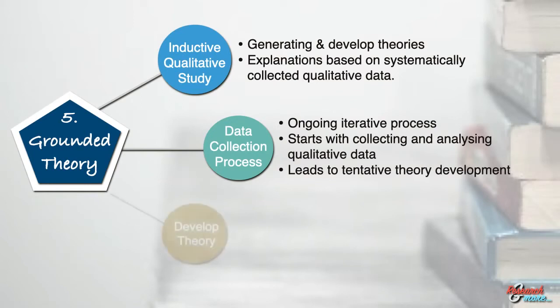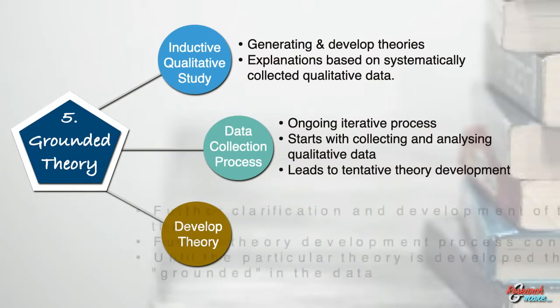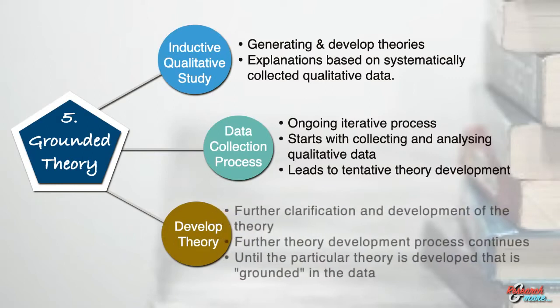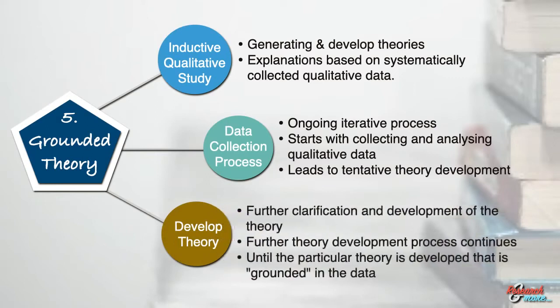Then, more qualitative data are collected and analyzed that lead to further clarification and development of the theory. The qualitative data collection and further theory development process continues until the particular theory is developed that is grounded in the data.